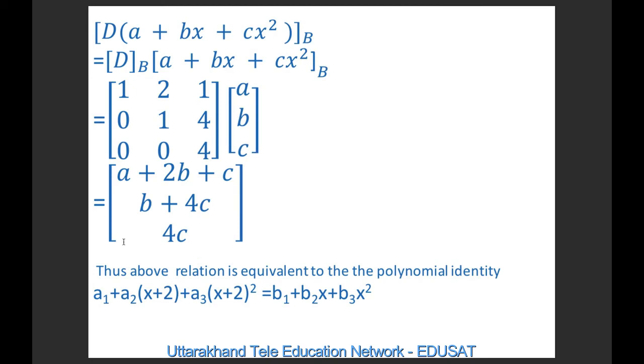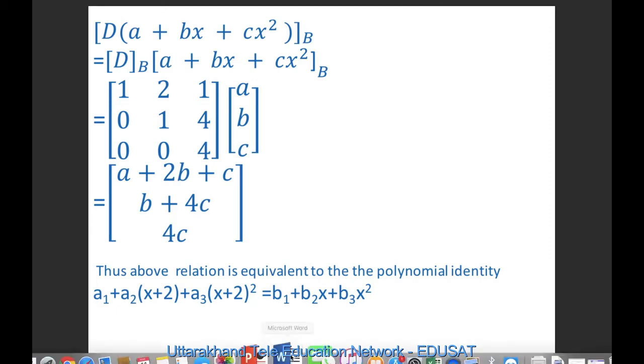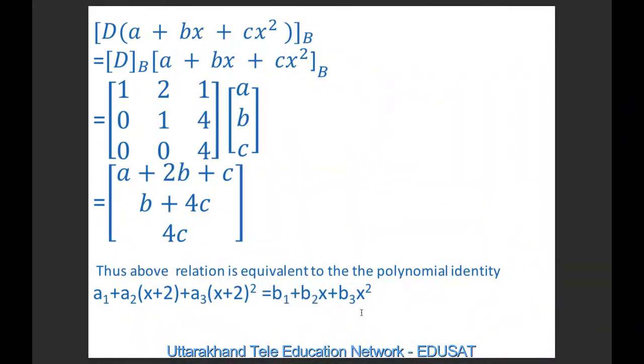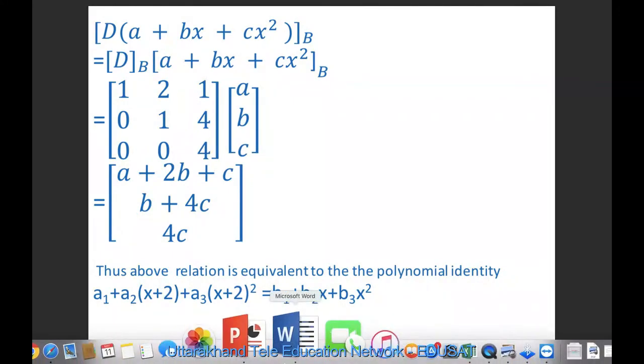Thus, this relation is equivalent to the polynomial identity a1 + a2(x+2) + a3(x+2)², and this side we have b1 + b2x + b3x², and these are the values of b1, b2, b3.